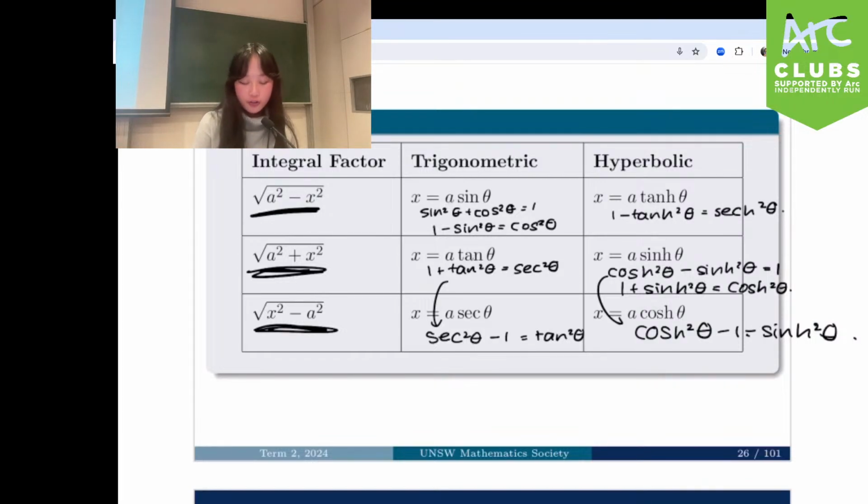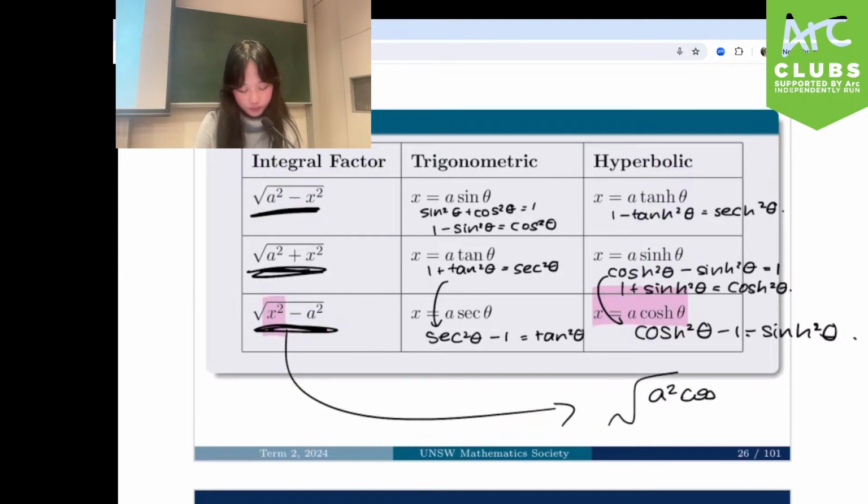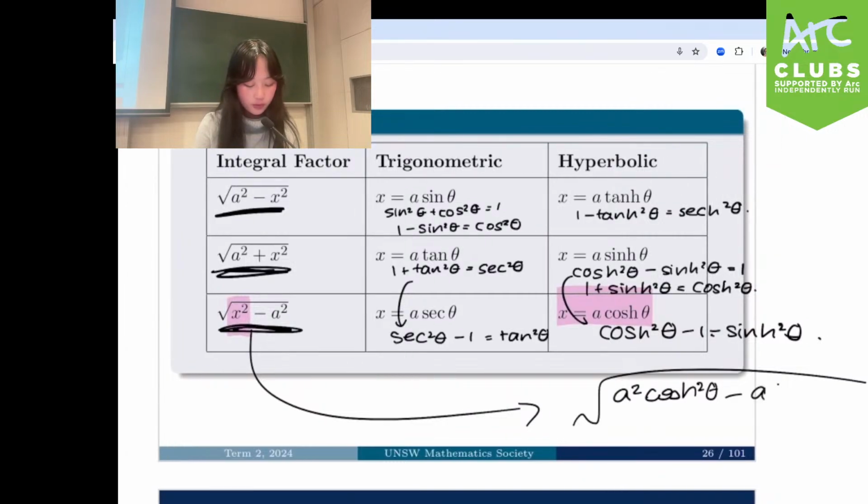How that relates to a cos theta is I'm explaining to you why this is a substitution that we can make for x. Why is this something that would help us if we got an integral that was in this form? Why that is, because if we substituted a cos theta for x here, we would be able to rewrite it as a squared cos squared theta minus a squared.